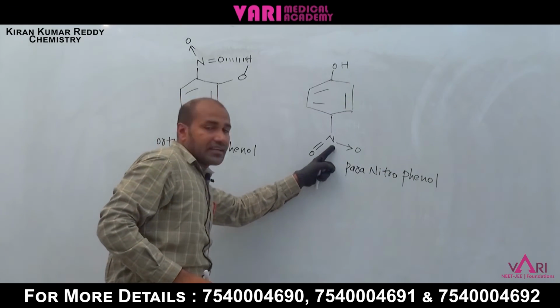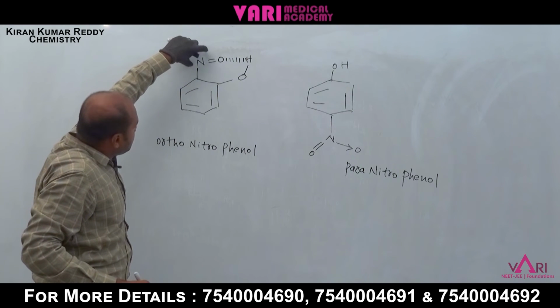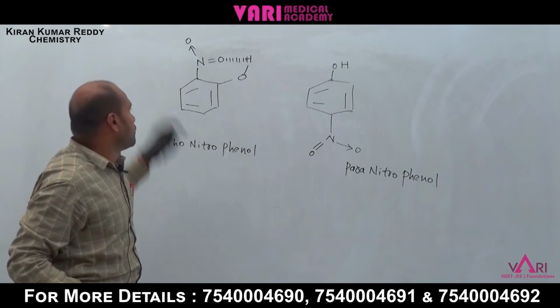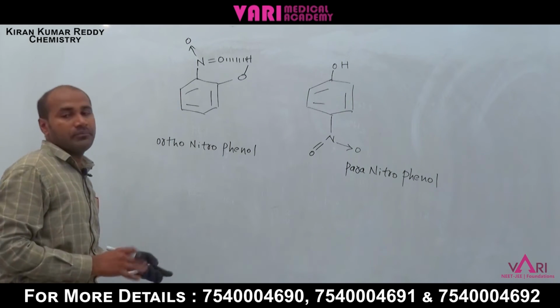Where is the nitro group present? At the para position. Where is the position of the nitro group here? Ortho position. If you take OH here and NO2 here, no problem.